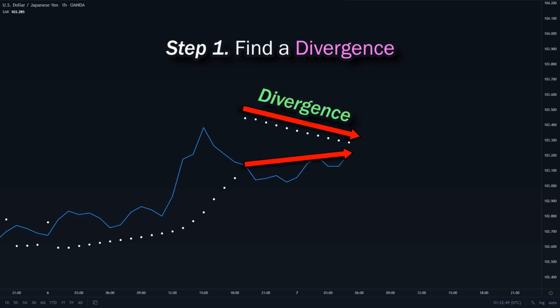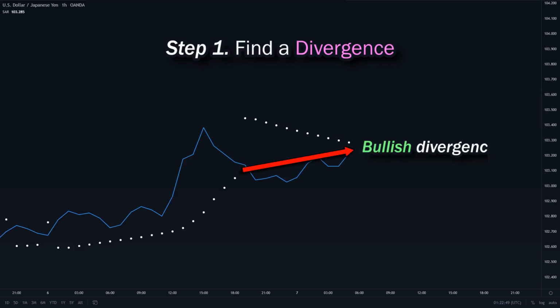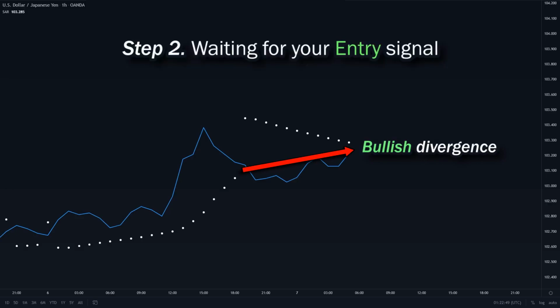And so this will be your divergence. Now, the question is, how do we know if this is a bullish divergence or a bearish divergence? To answer that question, you simply need to look at the direction of the price as the divergence is forming. So in this particular example, we can see that the price is heading upwards, meaning this is a bullish divergence.